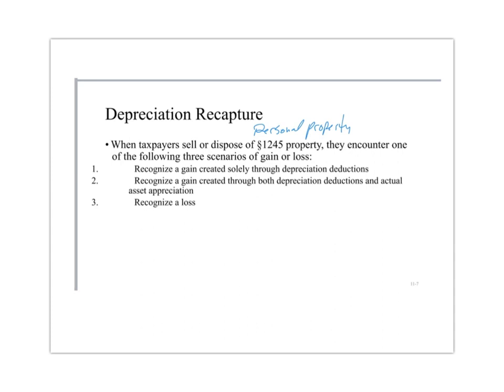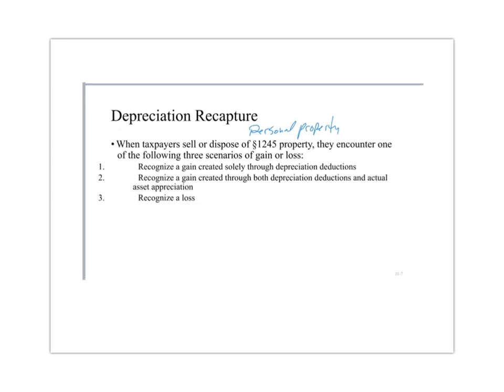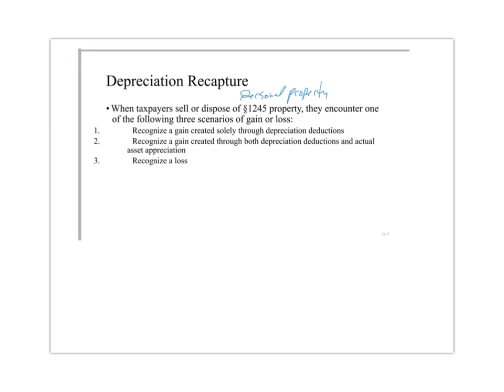You recognize a gain solely because of depreciation deductions. You recognize a gain created through both depreciation and actual asset appreciation, or you recognize a loss. So you've got those three situations. What I'd like to do now is talk about an example that explains these three situations.